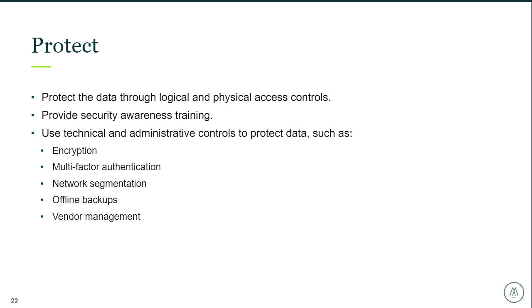Offline backups, so our backups not being encrypted during a ransomware attack and causing us delay in recovery efforts. So having these backups in offline mode so that they can't be encrypted at the same time as the primary system is very important. And then vendor management, making sure our vendors are secure.